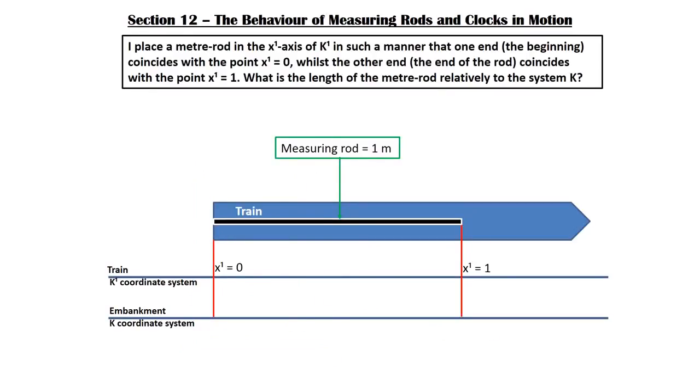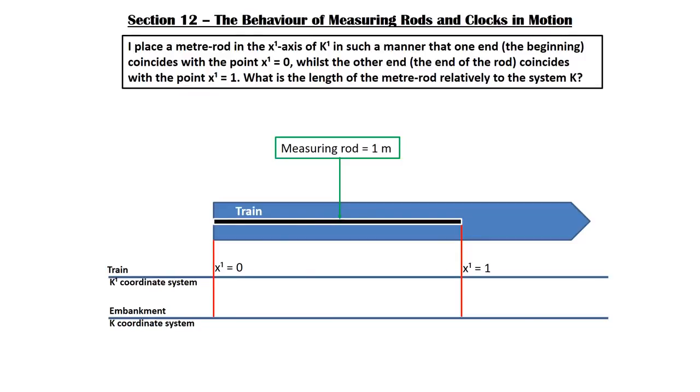So, having set the scene, Einstein returns to the subject matter of length. In section 12 of his book, he sets up another thought experiment. He says, I place a meter rod in the x1 axis of K1 in such a manner that one end, the beginning, coincides with the point x1 equals 0, whilst the other end, the end of the rod, coincides with the point x1 equals 1.